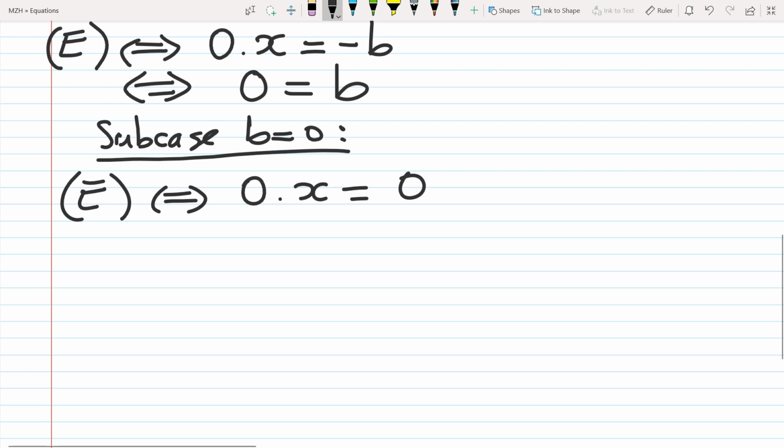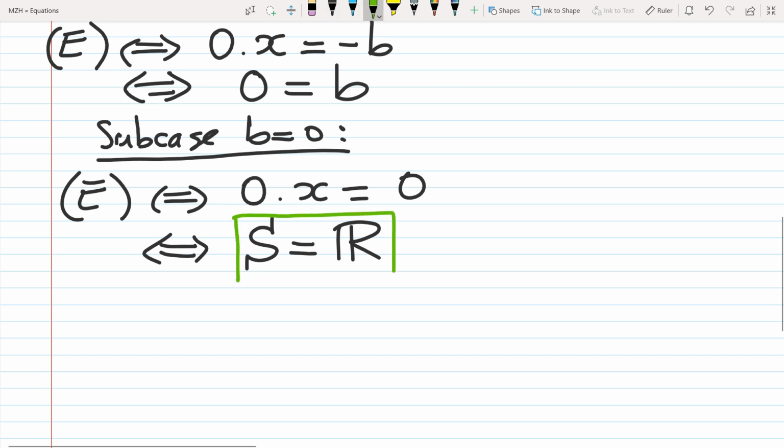So in this case, we can say that all numbers are solutions to this equation. And because we are targeting real numbers, we can say that the set of solutions is actually the set of all real numbers.